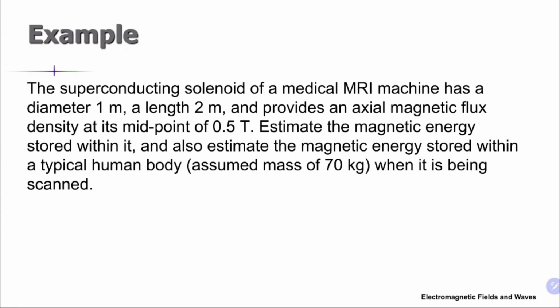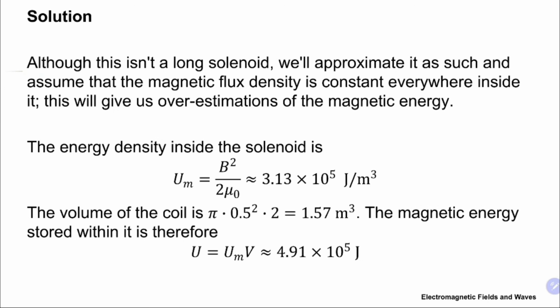Okay, assume a mass of 70 kilograms when being scanned. So this is the example. You have a solenoid that creates a midpoint magnetic flux density B of about 0.5 Tesla, with a diameter of 1 meter and a length of 2 meters. We still assume that the flux density is uniform across this, okay, to make things easier.